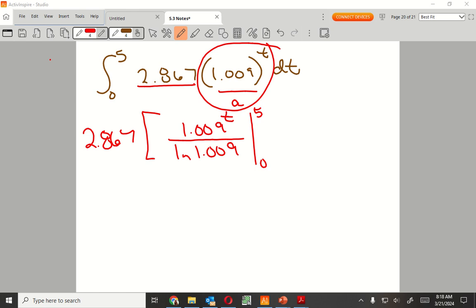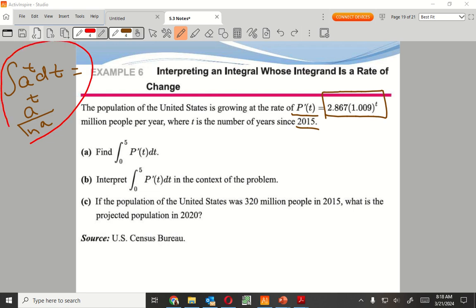Does that make sense, or is that a whole lot of nonsense? If I'm not making sense, you need to speak up now. Oh, that whole equation. Yeah, this right here. So the integral of a to the t dt is a to the t over ln a. That was number 5. Yes, that is number 5 on page 6. Okay.